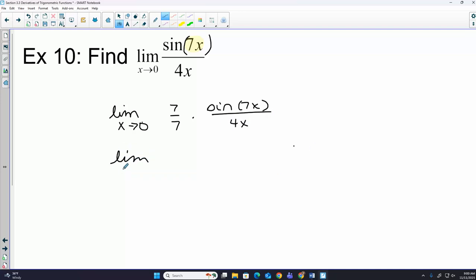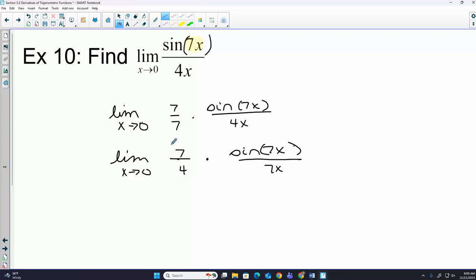We could reorder this a bit. Okay, so then on my denominator, I could put 7x here and pull the 4 over here, because we know with multiplication, we can switch the order.